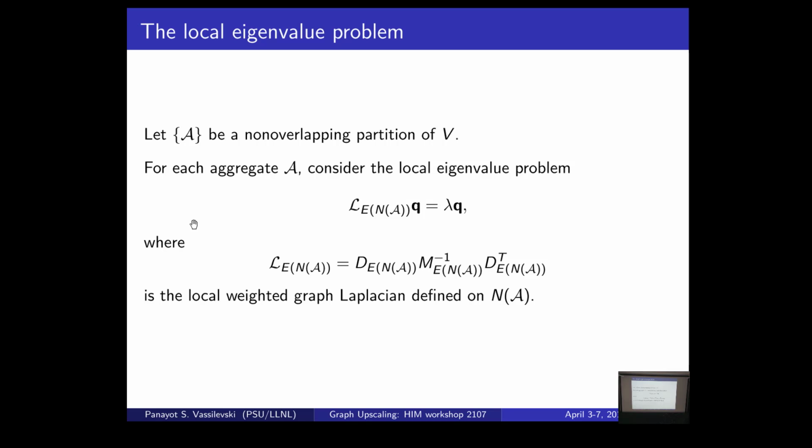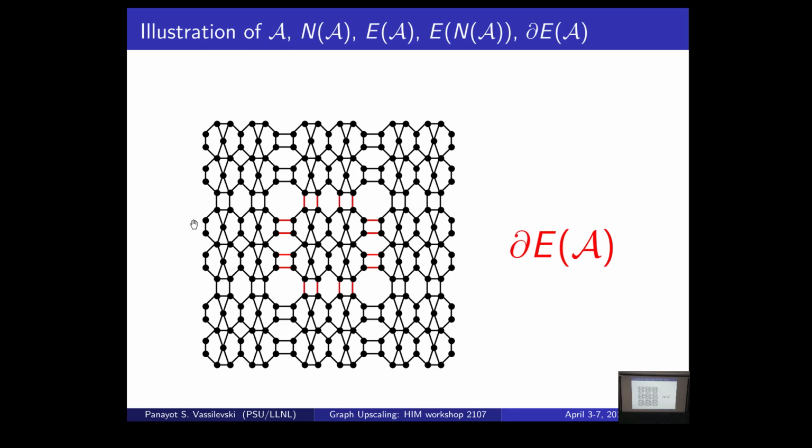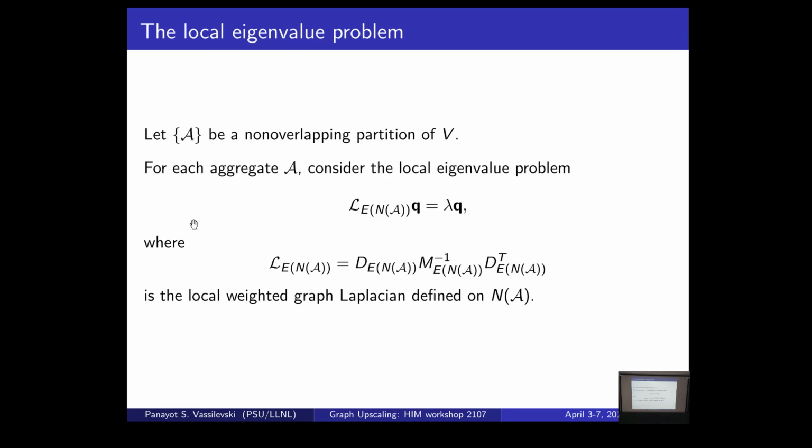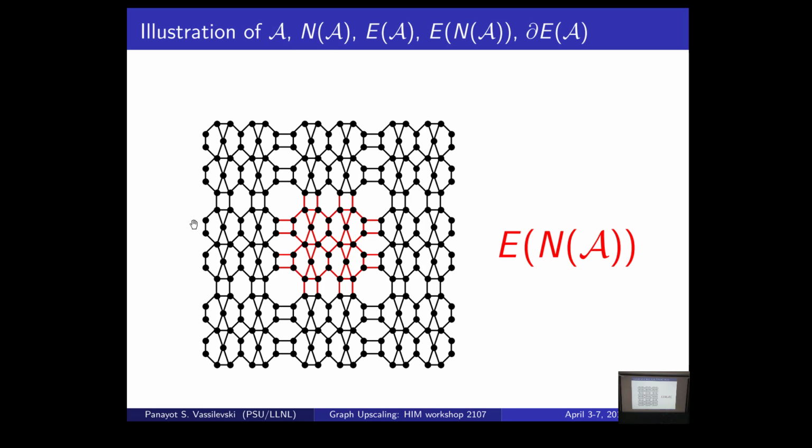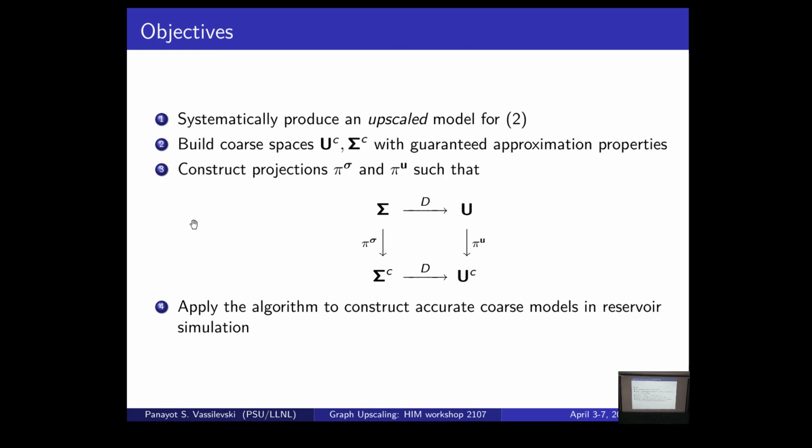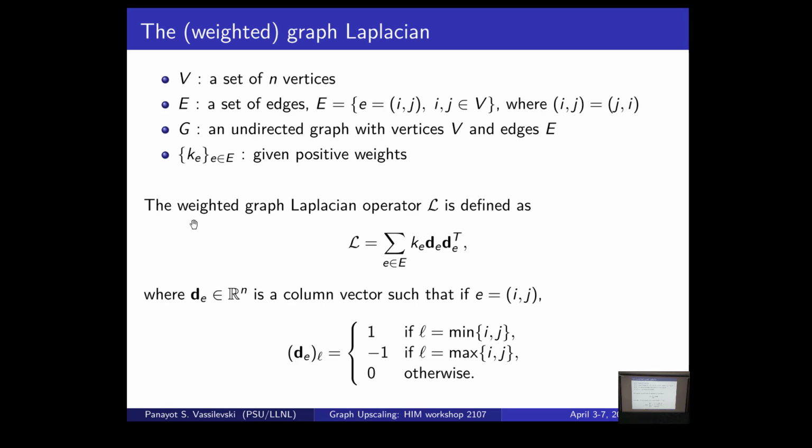All right, so why do you need all these sets? If you remember, this is a sum of local quantities. I can restrict this sum to subsets, and I can get local versions of the graph Laplacian.